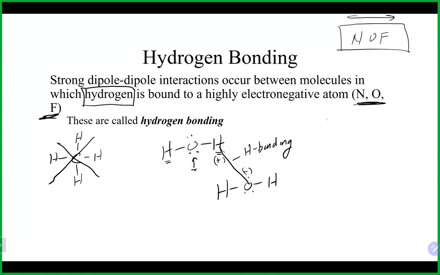By the way, water could also hydrogen bond to other different molecules as well, like methanol. This is methanol, which has a nonpolar side, but also has a polar bond, very similar to what you see in water. And water has no problem interacting with this the same way.